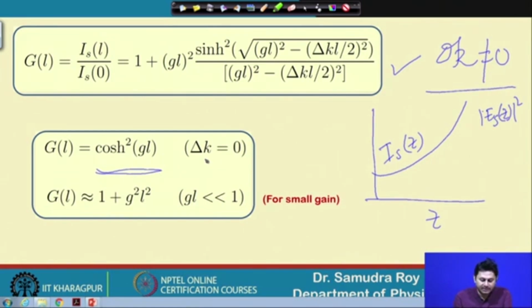When I say this gain is very small, then GL is much smaller than 1, and one can approximate that this gain can be written as 1 plus G square L square. This is the expression you will find in many books, and this general expression also I believe in some books you will get. So, with this note I should conclude here.